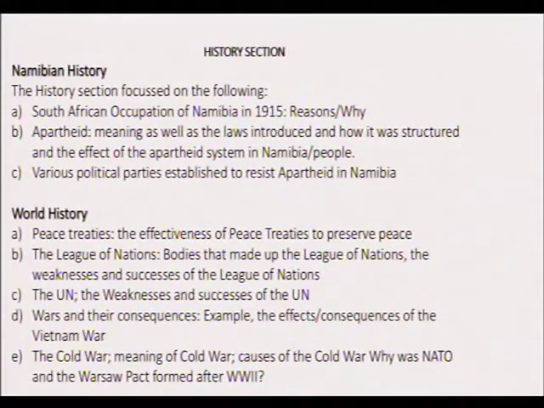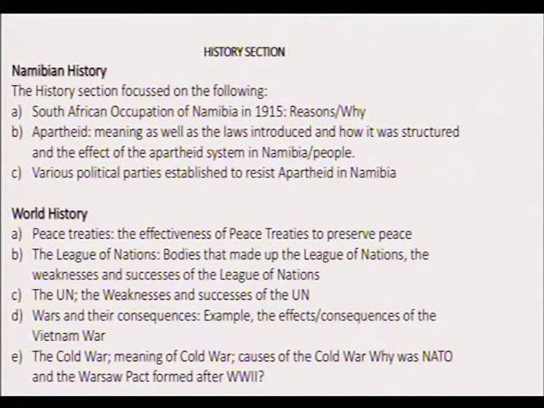The next section is the world history section. You have to pay particular attention to the issue around peace treaties, and then the effectiveness of peace treaties. We know that a lot of peace treaties were formed to preserve peace. But the other question that you need to ask yourself is, were these treaties effective?